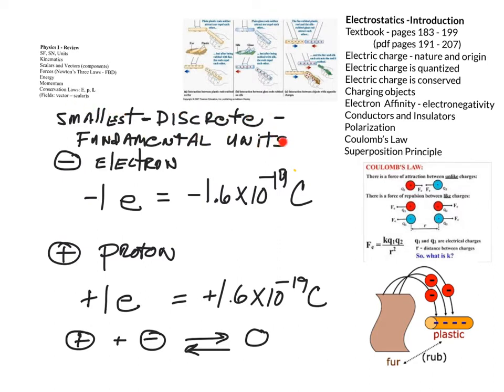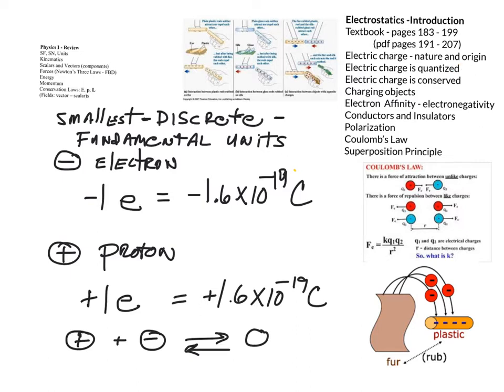Those are the key words to describe the quantization of charge. And those units are the electron and the proton, and the value of charge that they have in coulombs is 1.6 times 10 to the minus 19 coulombs. That statement that I just made is a description of the quantization of electric charge.